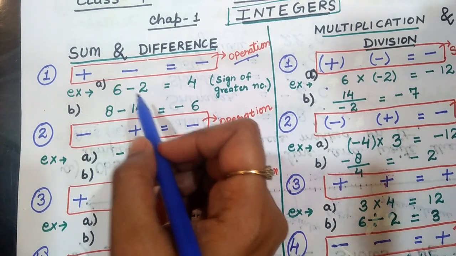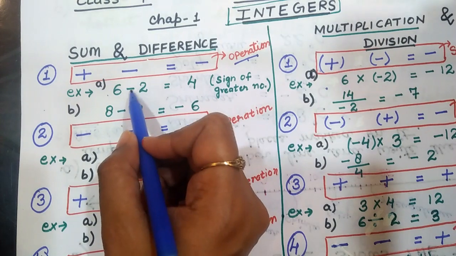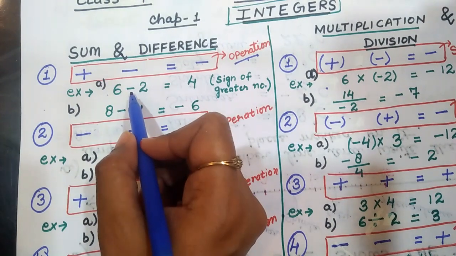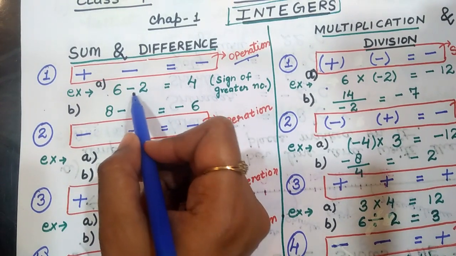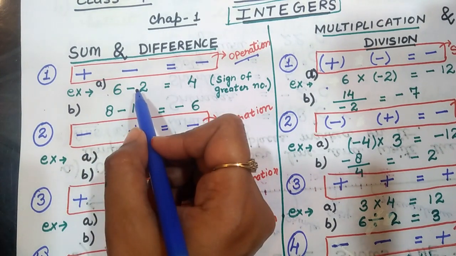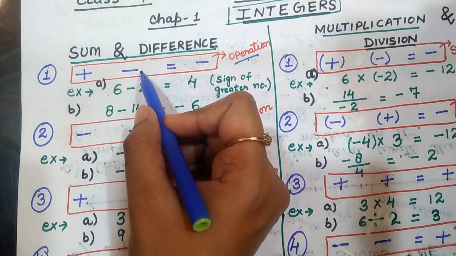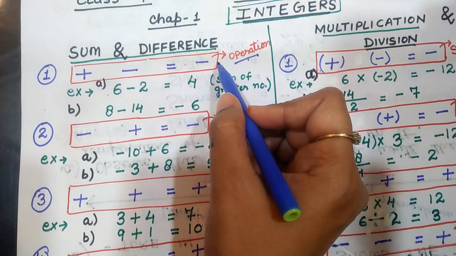Now we see it is plus 6 and minus 2. This minus means this 2 is a negative integer. So this is a positive integer and this is a negative integer. When we have one positive integer and one negative integer, we will do subtraction.